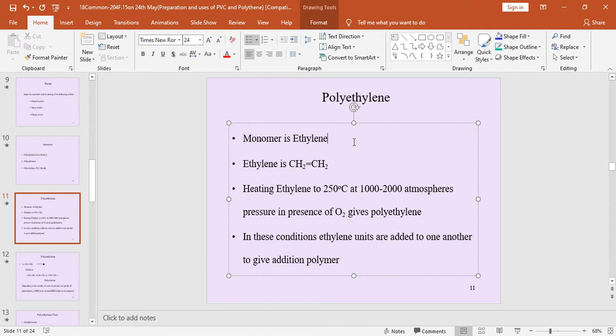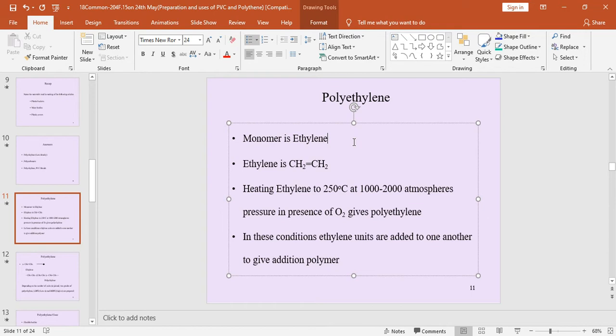Heating ethylene to 250 degrees centigrade at 1000 to 2000 atmospheric pressure in the presence of oxygen gives polythene.